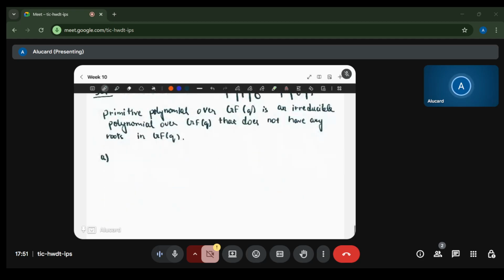A is 1 plus x power 4. Check what is 1 plus x square whole square. This is 1 plus x square into 1 plus x square, which is 1 plus x squared plus x power 4.